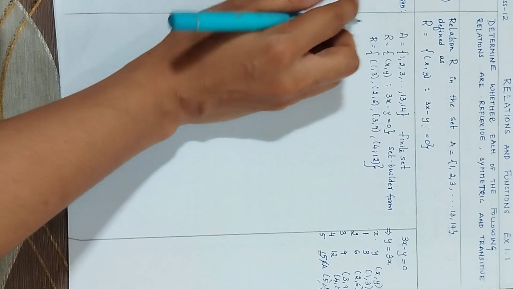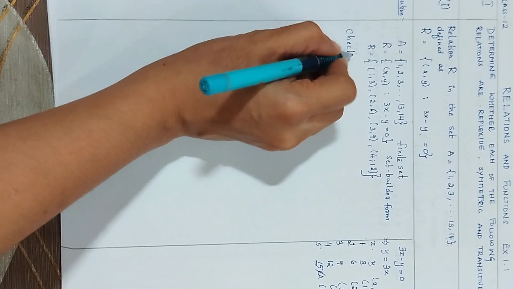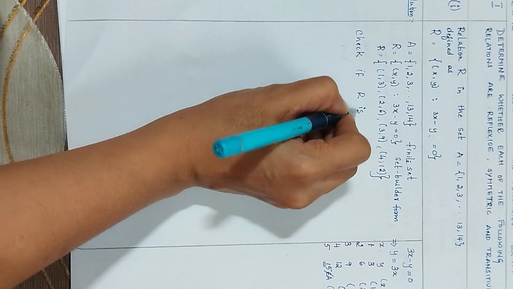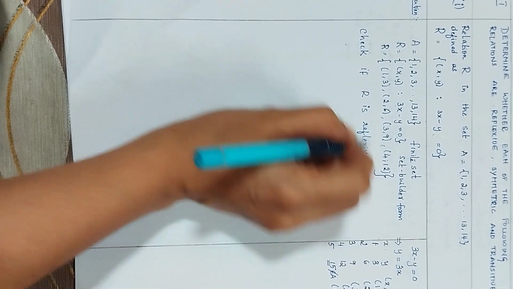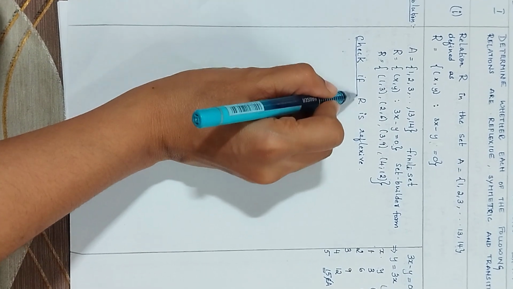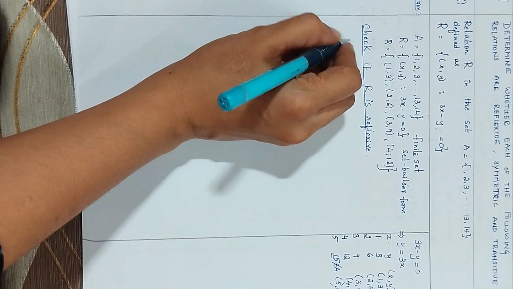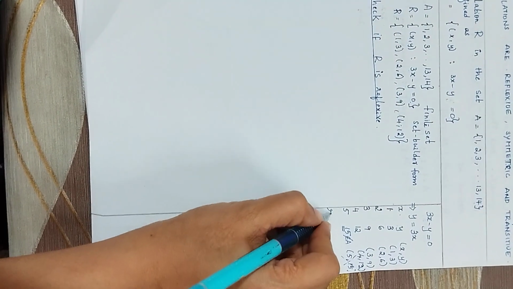Now this will help us to check whether it is reflexive. So the first thing is, check if R is reflexive. What is the definition of reflexive here?